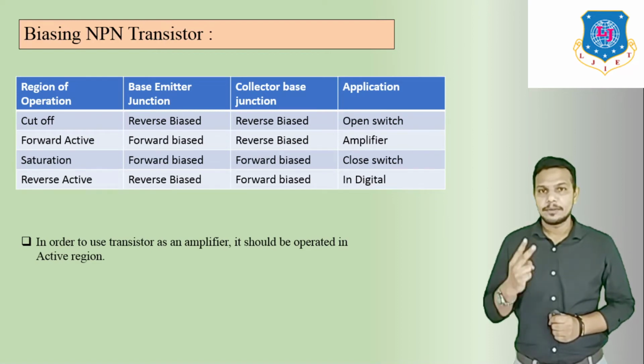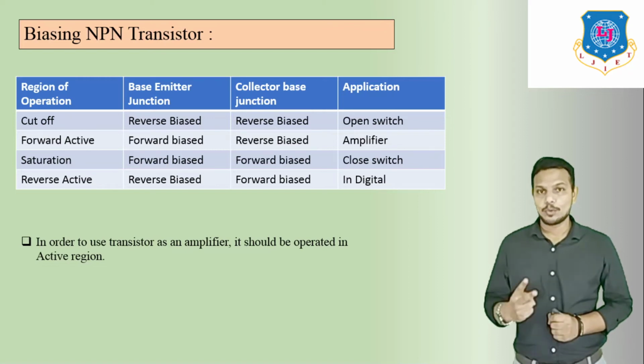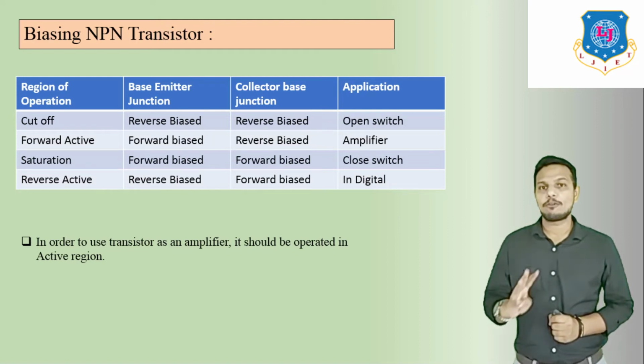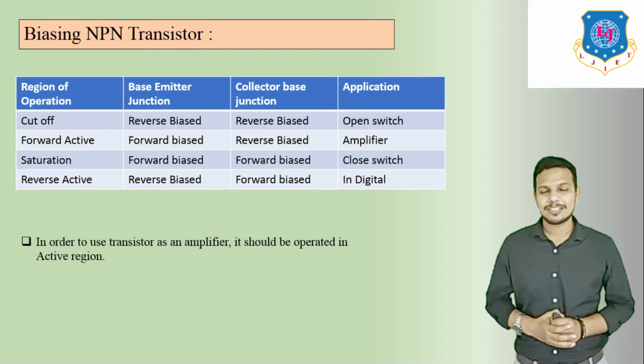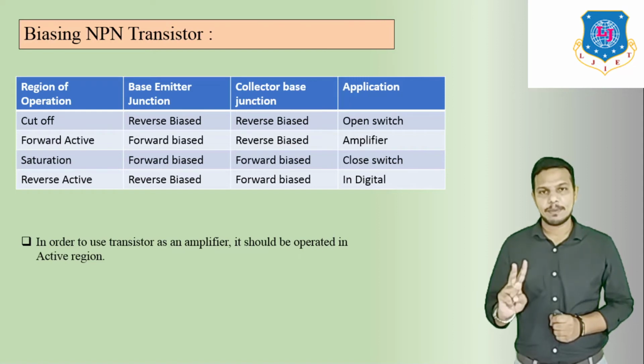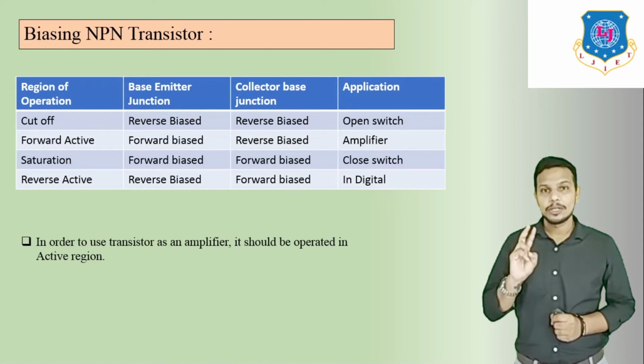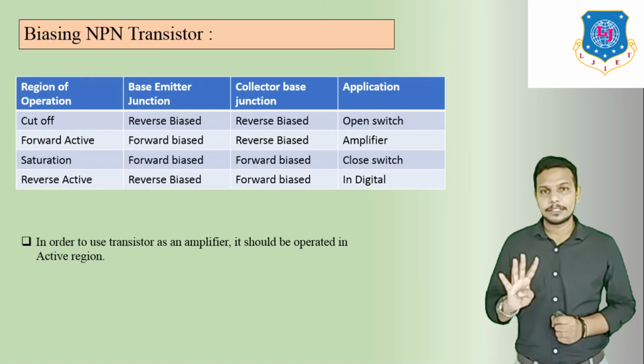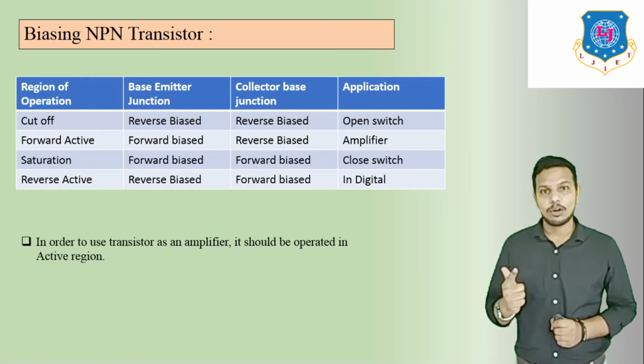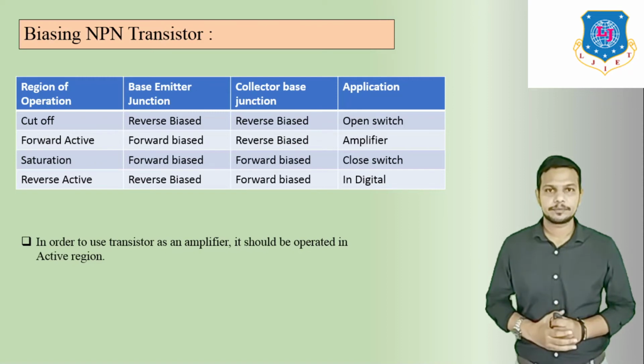Two batteries means we have to study four different types of operations, because there are two biasings: one is forward bias and the other is reverse bias. That's why we have four possibilities: forward-forward, forward-reverse, reverse-forward, reverse-reverse.